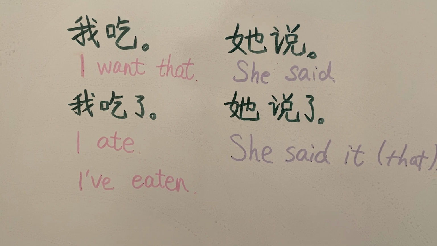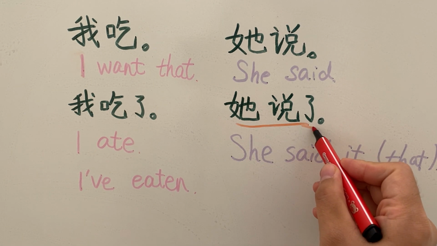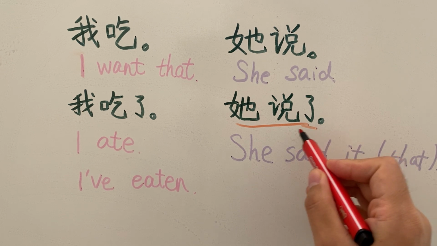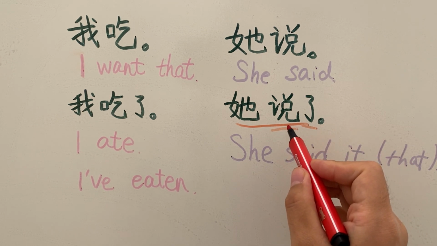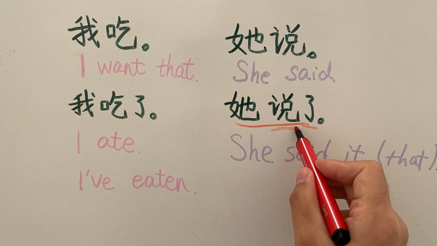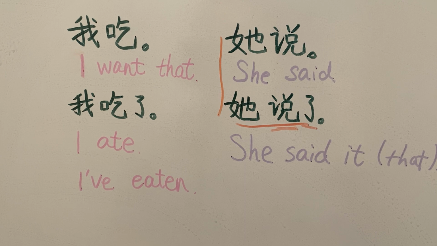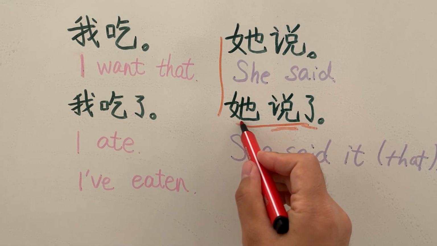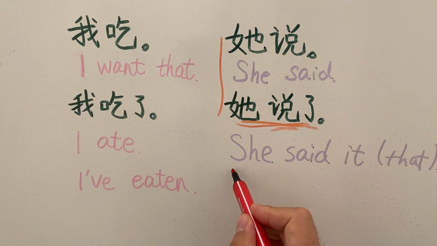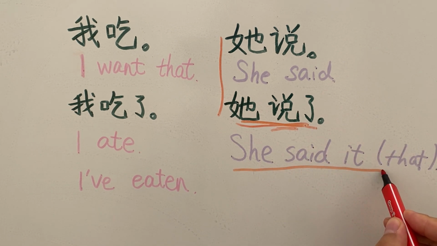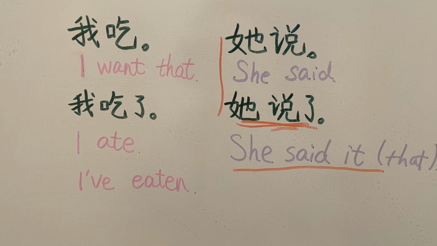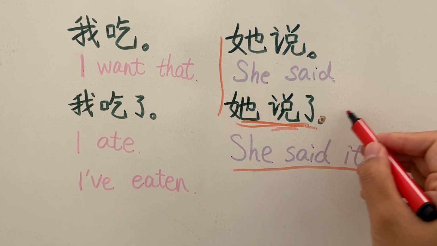So 她说了. If you put the suffix 了 behind this original form 说, these two sentences mean different things. 她说了 means she said it, or she said that. 她说了 blah blah blah.